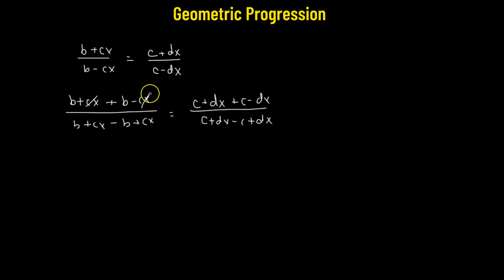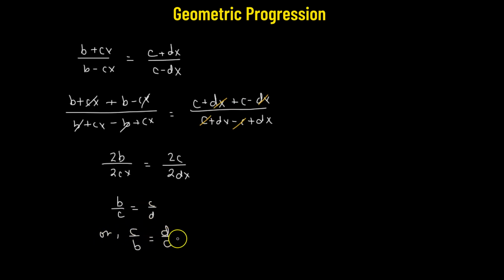So here positive cx, negative cx cancel out, then positive b, negative b, and on the right hand side we have positive dx, negative dx, and positive c, negative c cancelling out. So this gives us 2b over 2cx equals 2c over 2dx. Now further simplification gives us b over c equals c over d, or simply c over b equals d over c. Let this be equation number 2.